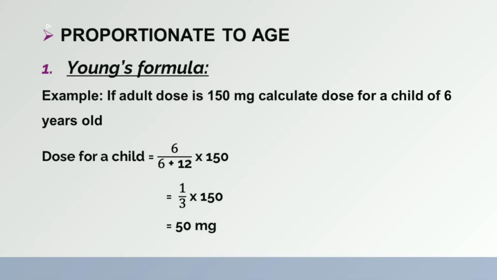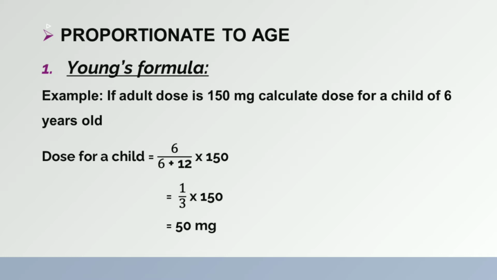Now, for understanding it more clearly, let us look at the example. If adult dose is 150 mg, calculate dose for a child of 6 years old. So here we have adult dose 150 mg and the age of the child is 6 years.